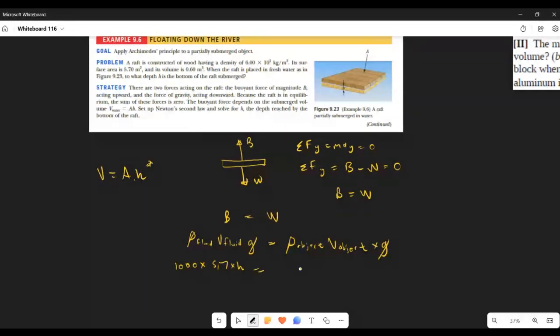The object's density is 600, and the total volume of the object is 0.6 as given here. All we have to do is solve for h. Quite simple. And h, you should get around 0.0632 meters.